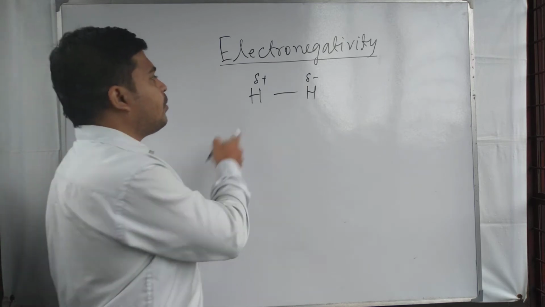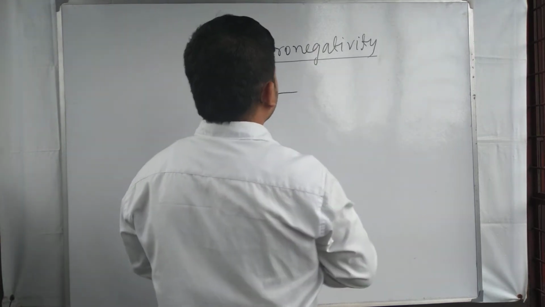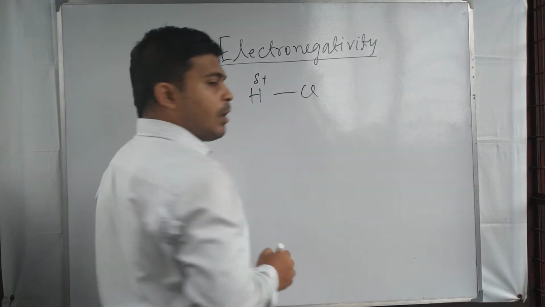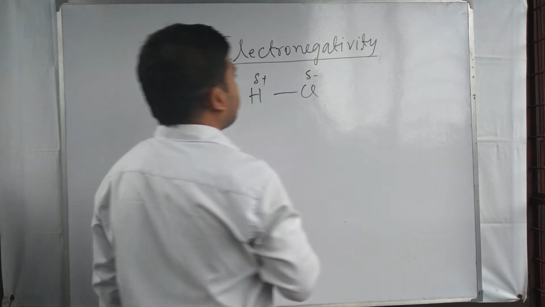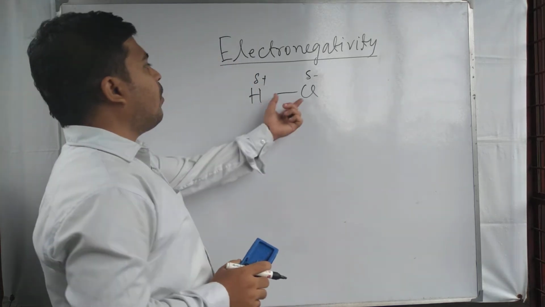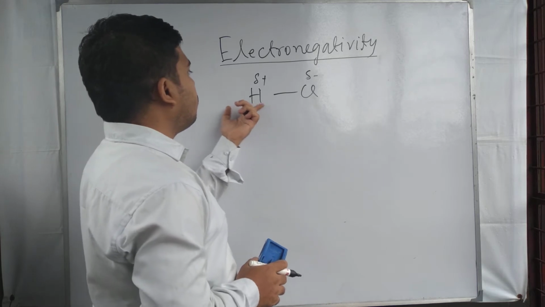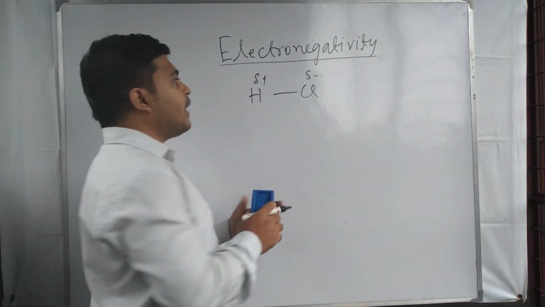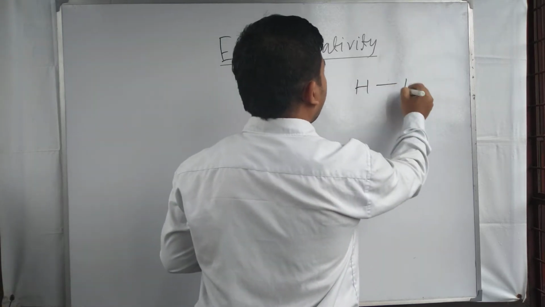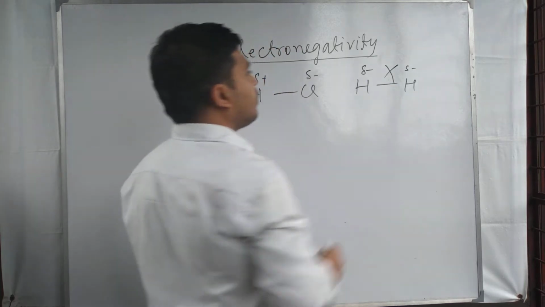But if we change hydrogen to chlorine, it slightly develops a negative charge on the chlorine atom of HCl, and a slightly positive charge on the hydrogen atom. But in the case of two hydrogens, this type of plus-minus charge separation is not possible.